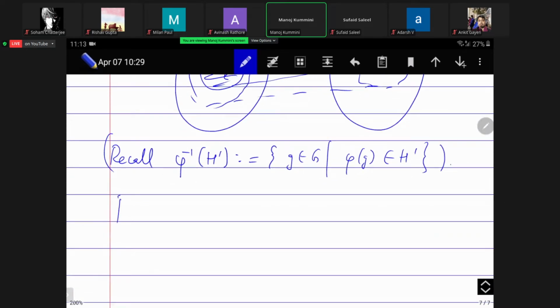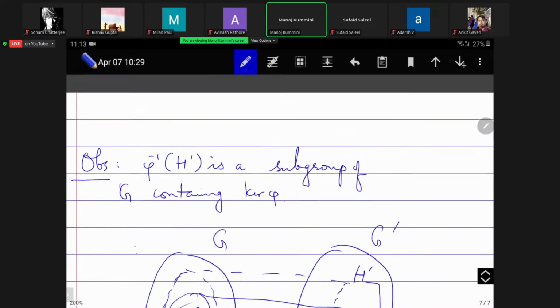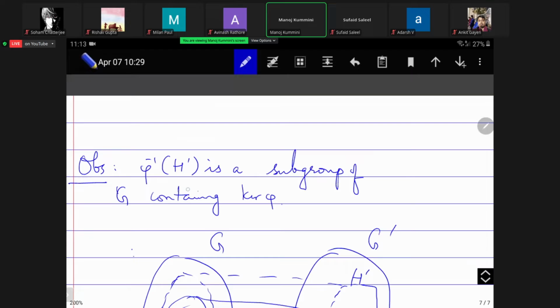So, proof of the observation. We need to show that it is closed under the binary operation and it contains inverses.